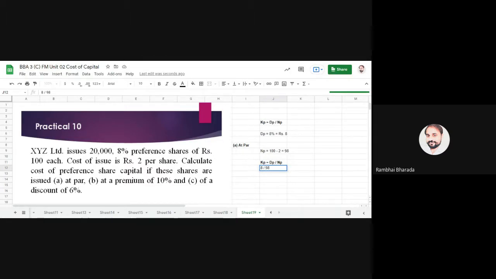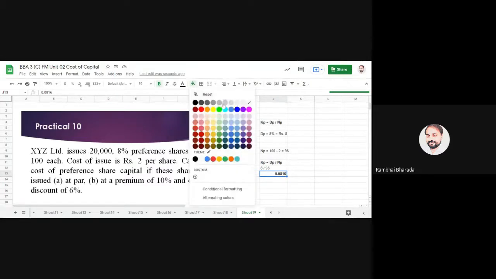Do the division, you will get the answer. 8 upon 98 is 0.0816 like this. All of you are getting the same answer? This is our answer for the first one.